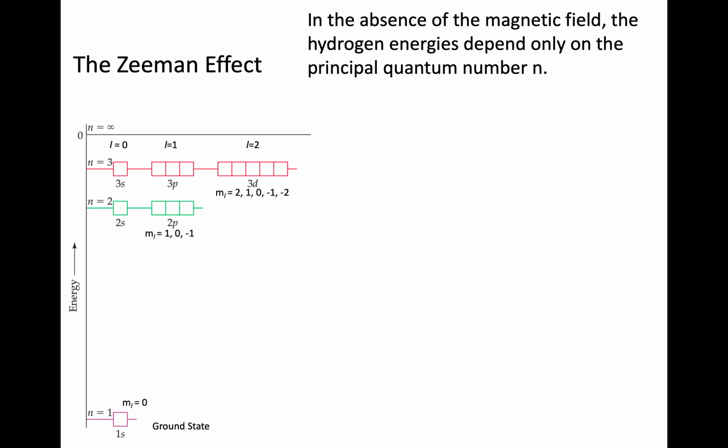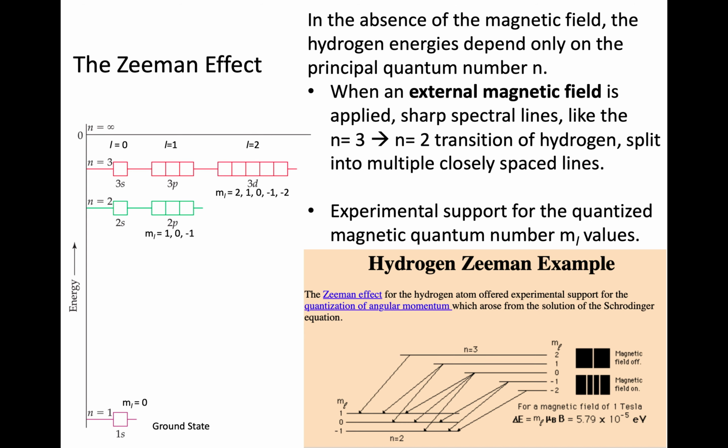One more idea within here is a phenomenon called the Zeeman effect. What happens here is that if you apply an external magnetic field, our different spectral lines split into additional multiple closely spaced lines.